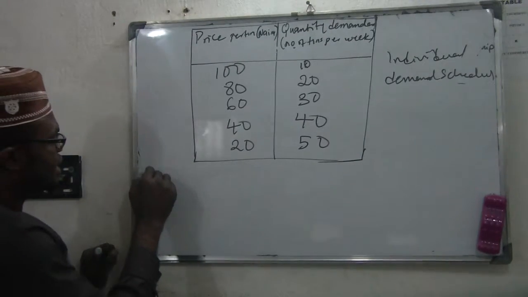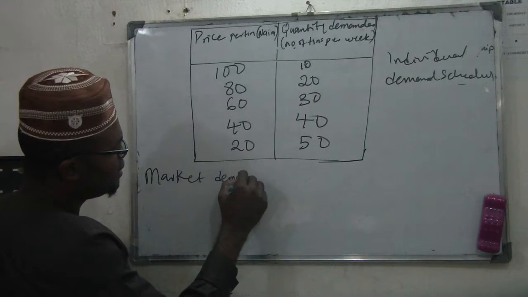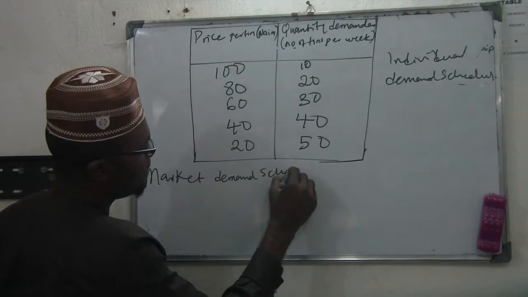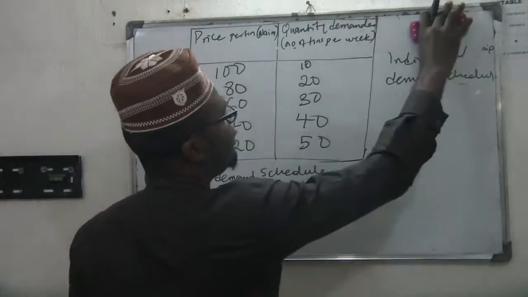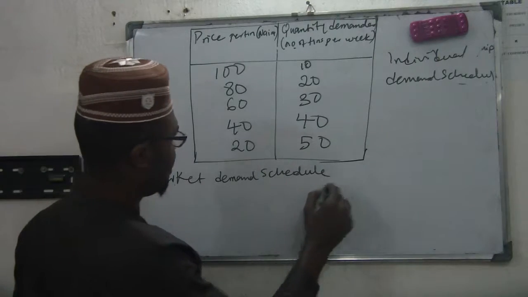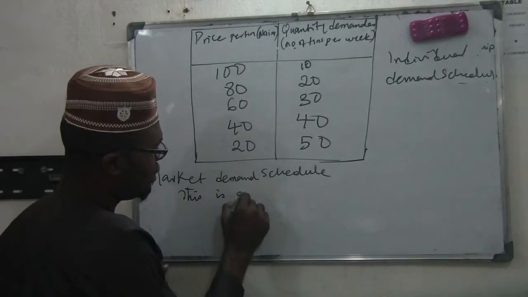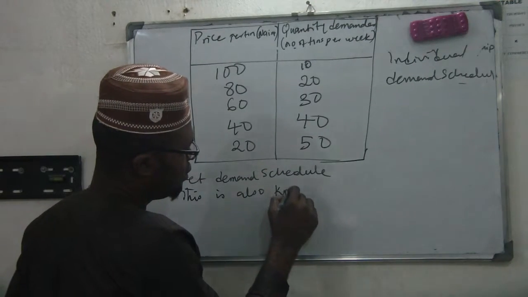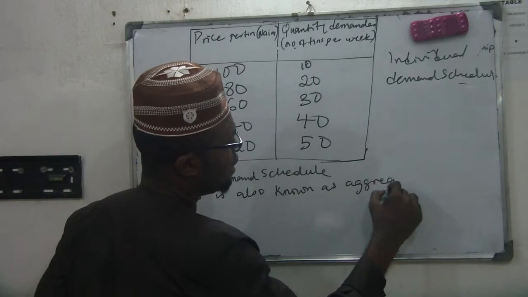Then we're going to look at the market demand schedule. Having done the individual demand schedule, we are going to look at the market demand schedule. This is also known as aggregate or total demand.